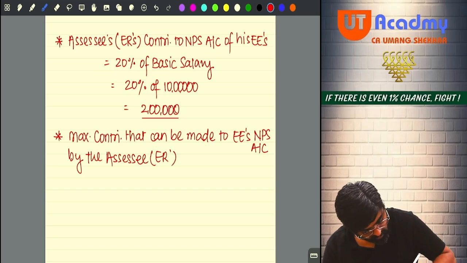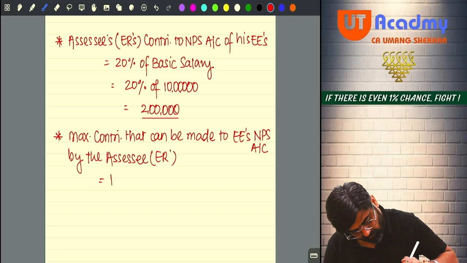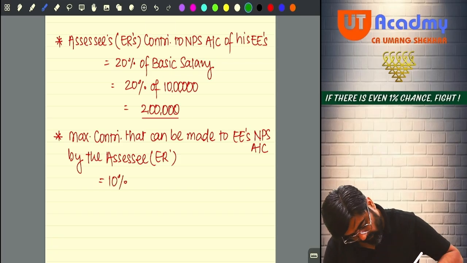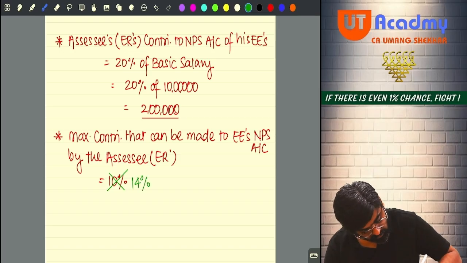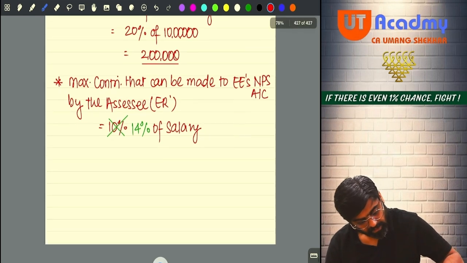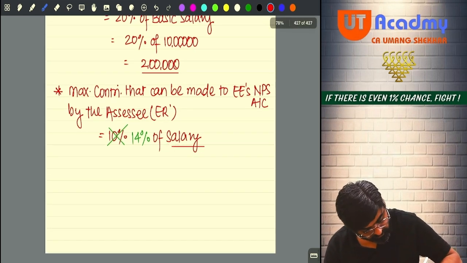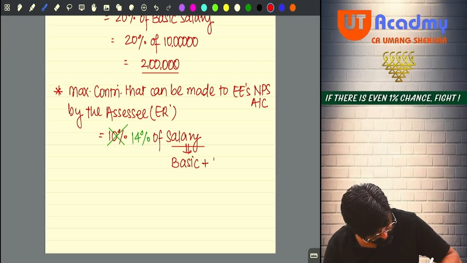Employer, is equal to... there is an amendment over here. So it is not 10%, it is 14% from now onwards. 14% of what? Salary. And sir, the salary will be basic plus DA in terms.